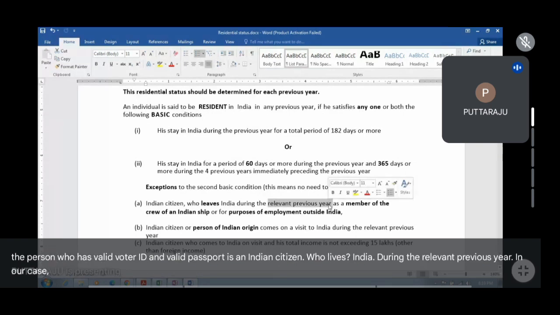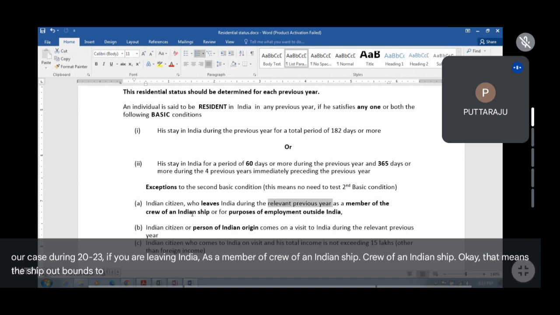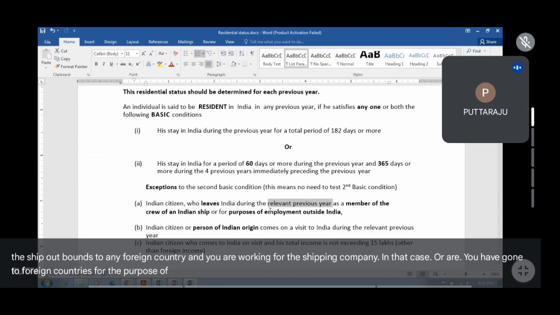In our case, during 22-23, if you are leaving India as a member of crew of an Indian ship, that means the ship is outbound to a foreign country and you are working for that shipping company. In that case, or you have gone to foreign countries for the purpose of employment. This employment includes setting up of business or carrying out any profession.